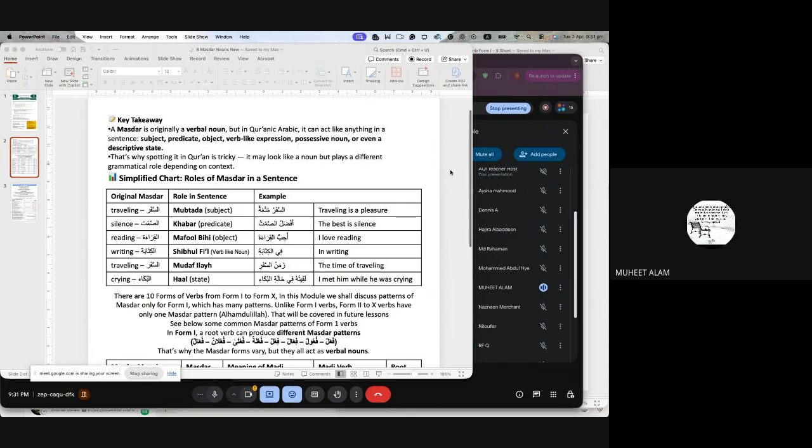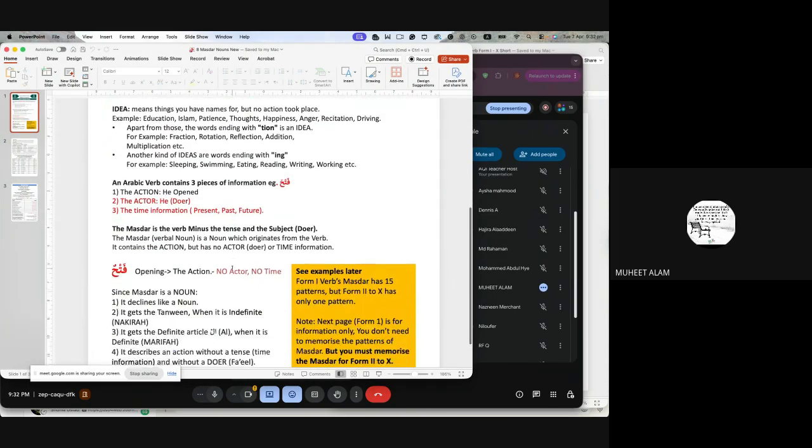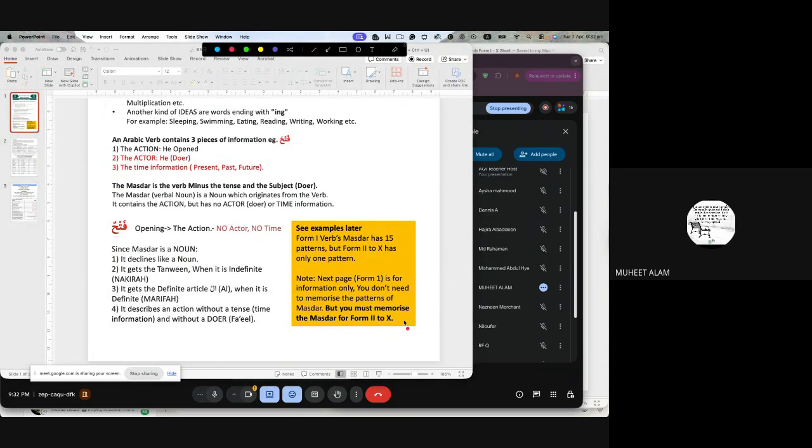But from form 2 to 10, there is one form of verb and one form of masdar. So you don't have to memorize all the patterns of masdar for form 1, but for form 2 to 10, you must memorize the masdar when we come to those chapters, inshallah.